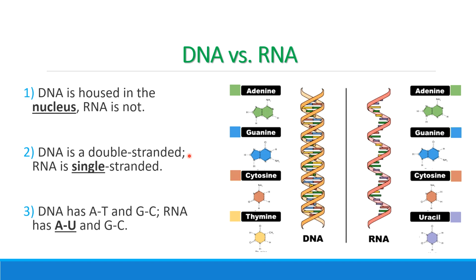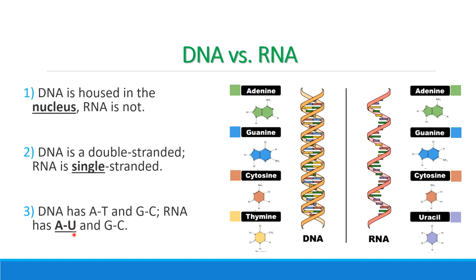Another important difference between DNA and RNA is the bases that we find in them. So DNA has 2 bases called adenine and thymine that will form connections with each other across the double helix. They also have guanine and cytosine. But when we talk about RNA, RNA uses a base called uracil instead of thymine.